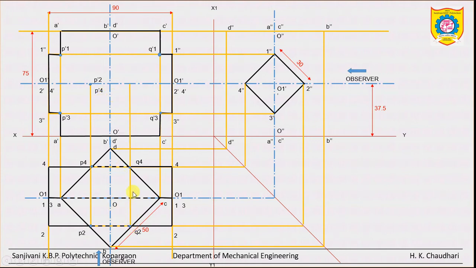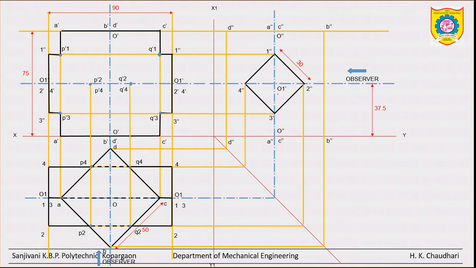Okay, now see, from Q2, after taking projection, we will get this point as Q2 and Q4. Okay, now there are rectangular faces of both prisms. Clear? Rectangular faces.